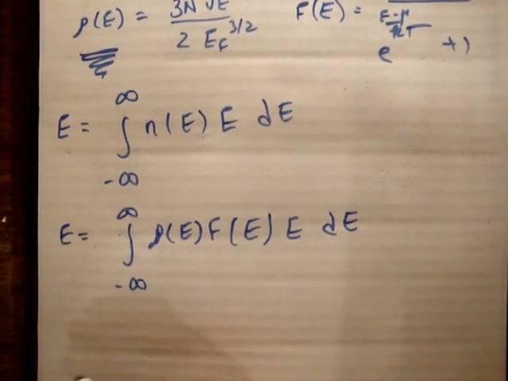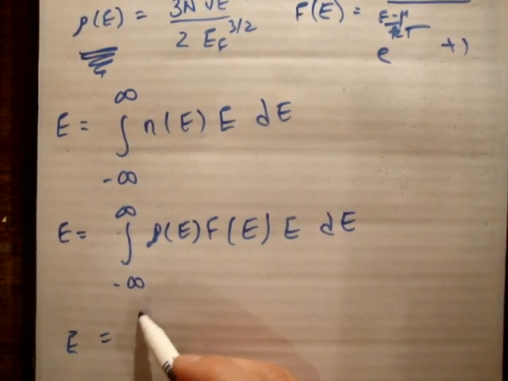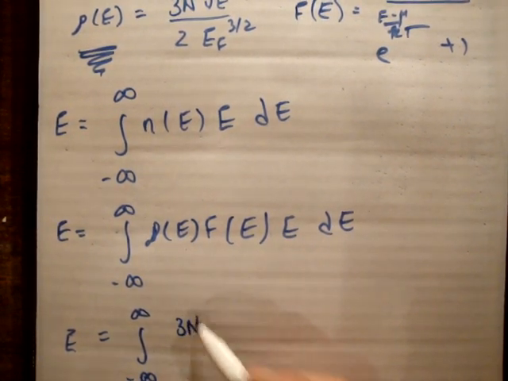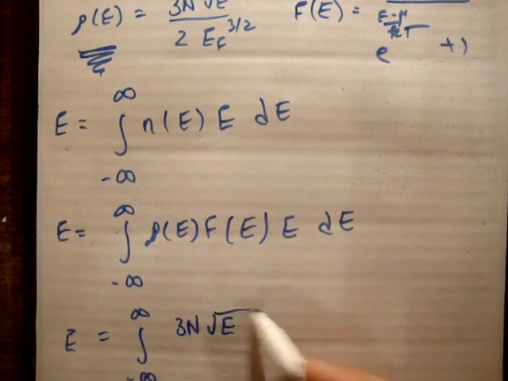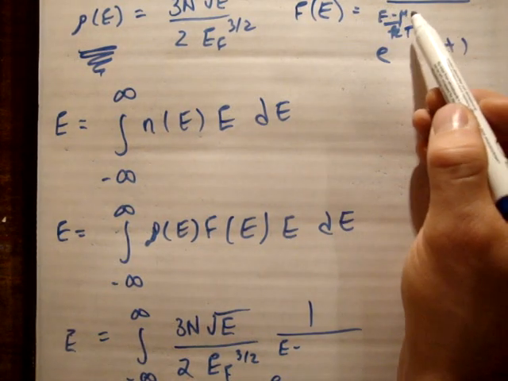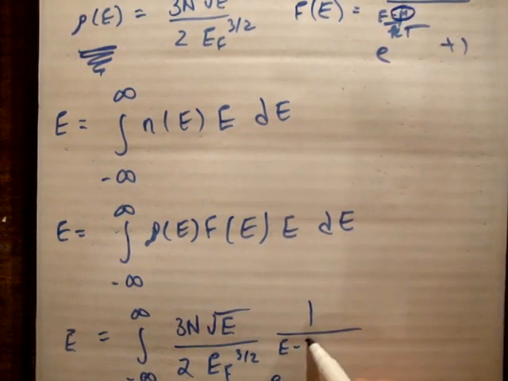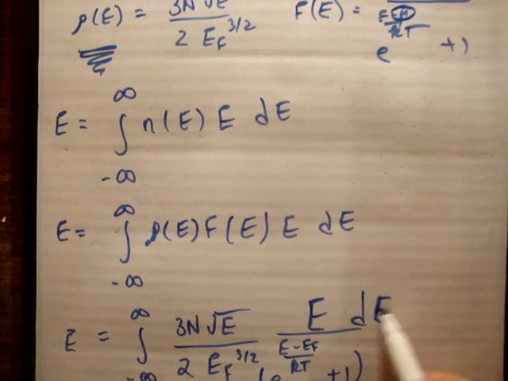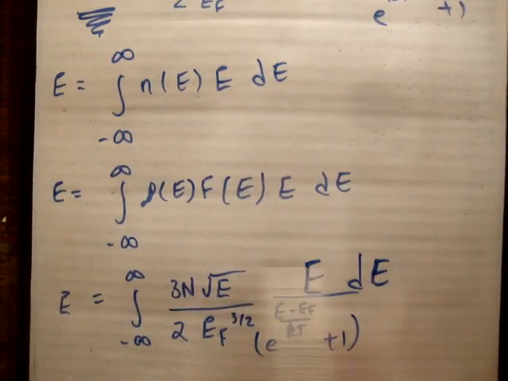Putting that all together gives the final integral to evaluate to get your total energy: 3 times the number of particles over twice the Fermi energy to the power of 3 over 2, multiplied by the occupancy function 1 over e to the (E minus, and for a reason I'm not going to explain, you can make this the Fermi level) over kT plus 1, times E dE. And that is the typical calculation to get the total energy in your system.